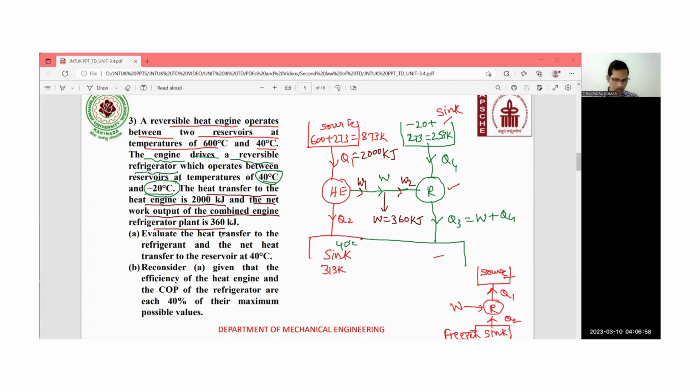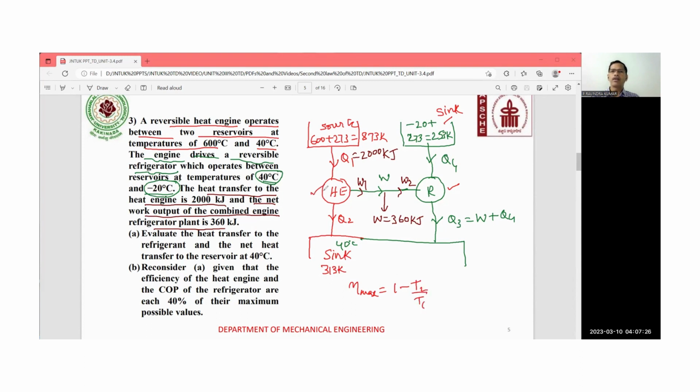Now the first thing is evaluating the system. First find out the maximum efficiency from the heat engine. The maximum efficiency is 1 minus T2 by T1.